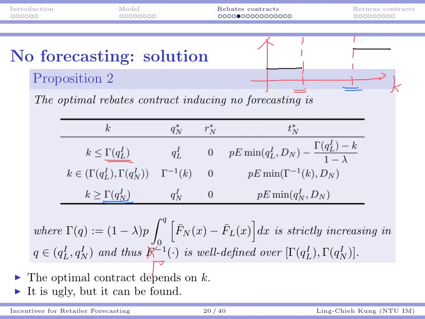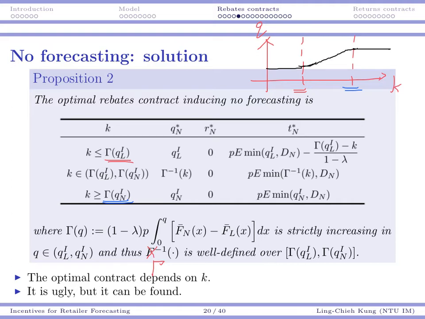Now, we have something here. And we know the gamma function is increasing in Q. I forgot to tell you the y-axis is Q. So that means when Q goes up, your gamma value should also go up. So that's going to give you something like this.